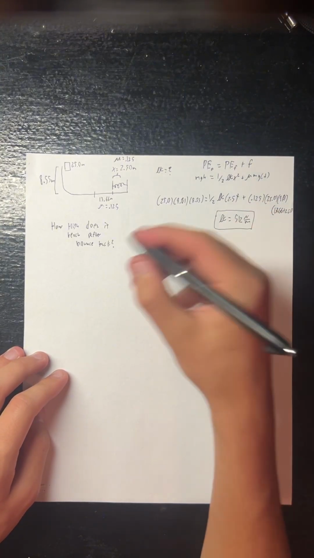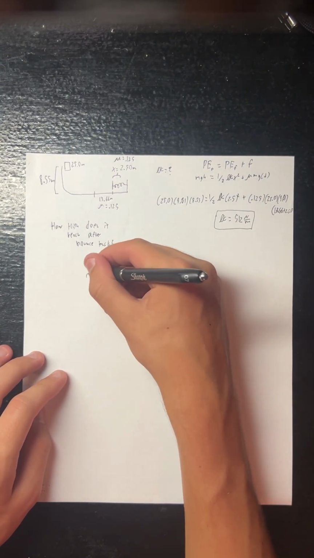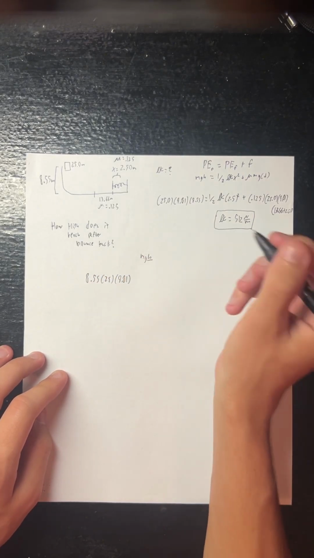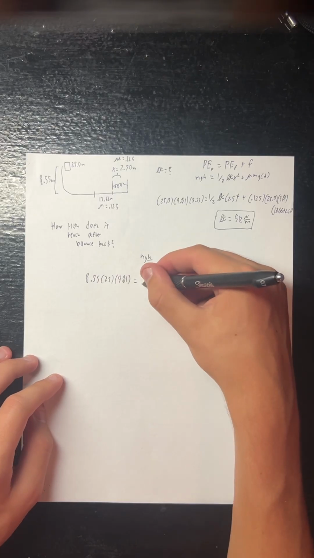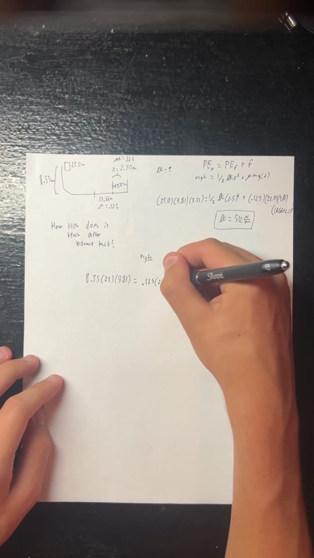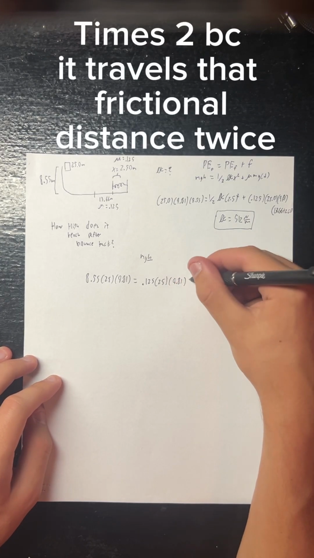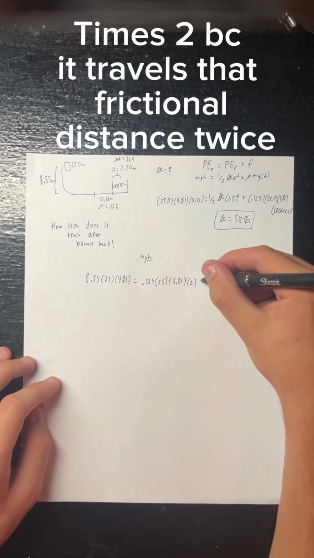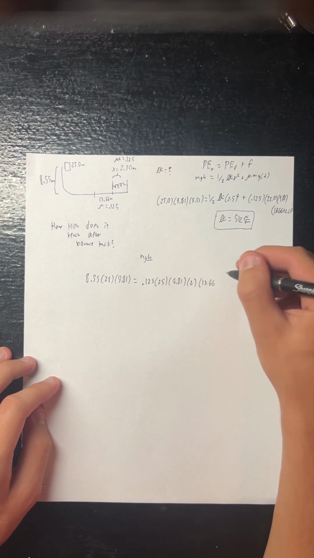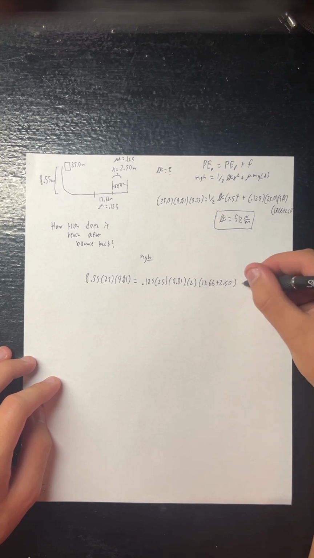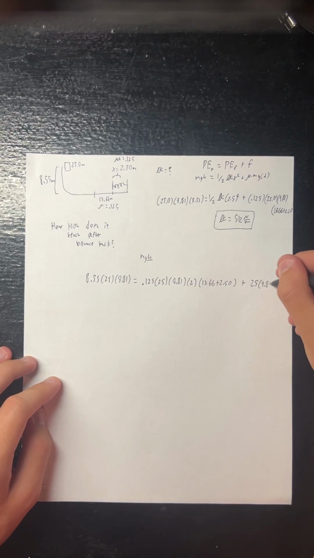So PE initial is 8.55 times 25 times 9.81, mgh, equals our friction, 0.125 times 25 times 9.81, times 2, and times 13.66 plus 2.50. That's our friction, and then it is plus 25 times 9.81, mg, and then our height final.